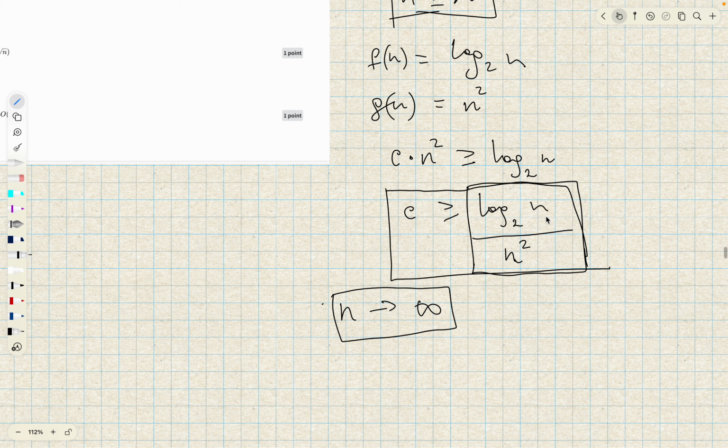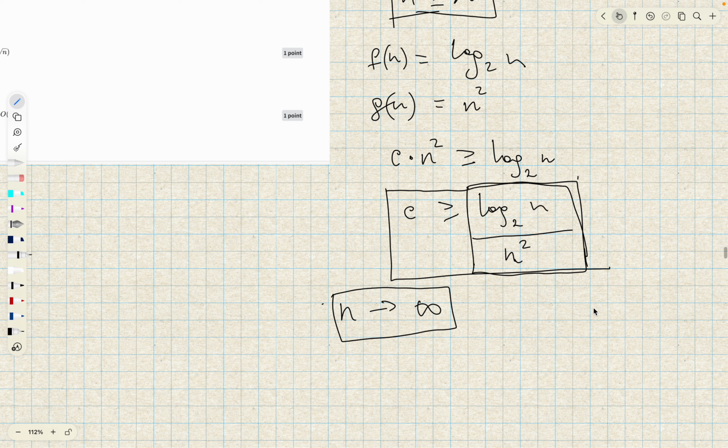Let's try to find an answer. At that point n should be a specific number, and we call that specific number N.